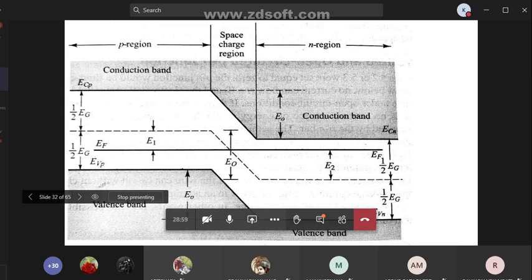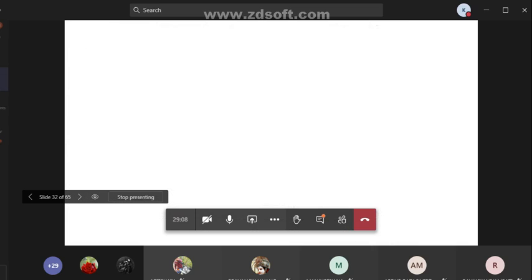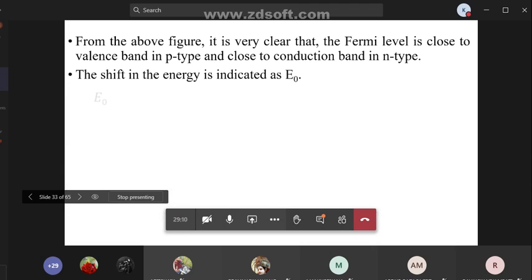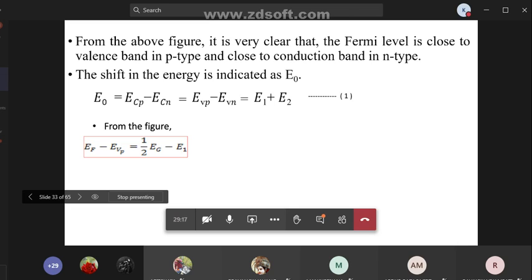So from these two equations we can write E0 equal to E1 plus E2. If we check the diagram, then it is easy to understand. So what we have discussed right now: EF minus EVP equal to EG/2 minus E1, and ECN minus EF equal to EG/2 minus E2.